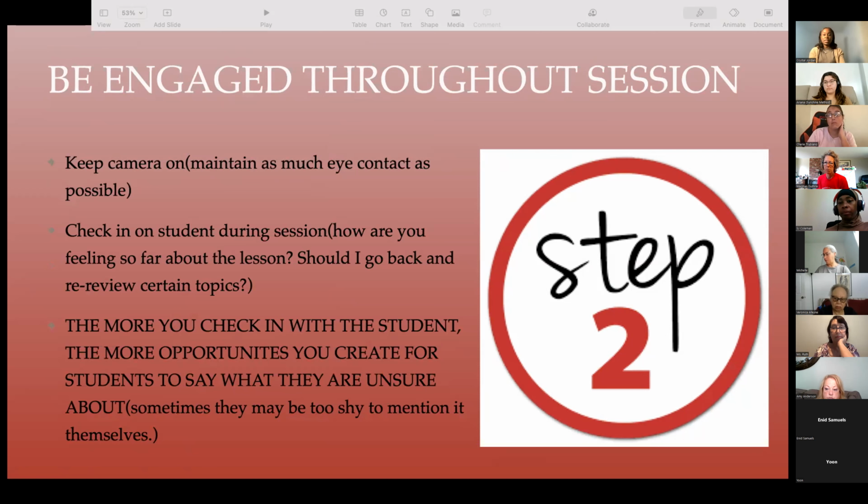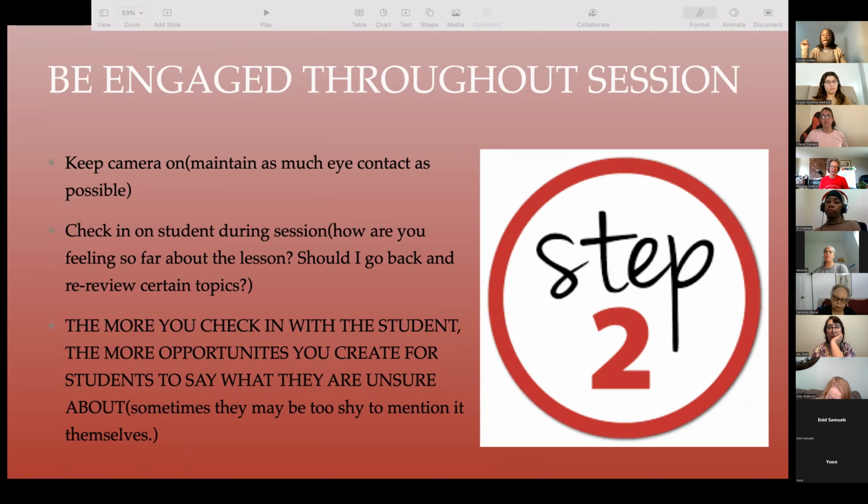So I'm not saying to have them make eye contact with you the whole time, but you as a tutor should keep your camera on, and at least have them keep their camera on as well. That way they know that you're not just going through the motions of tutoring, that you're actually there and engaged with them. Also, check in on the student during the session.